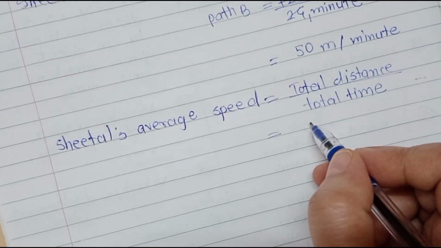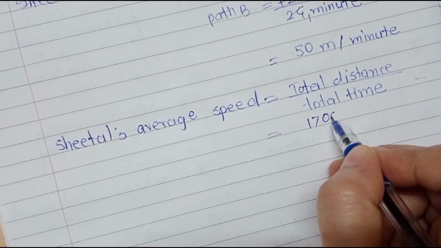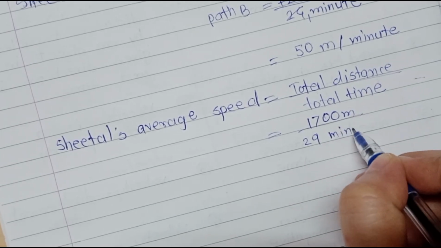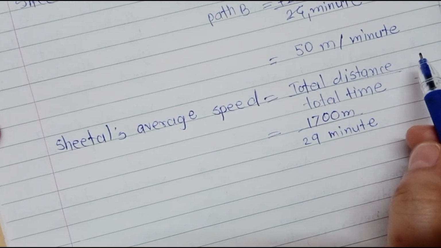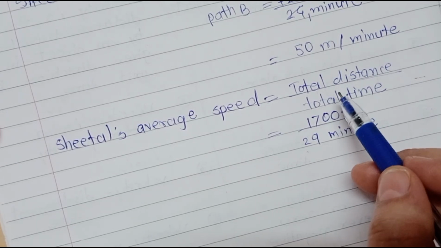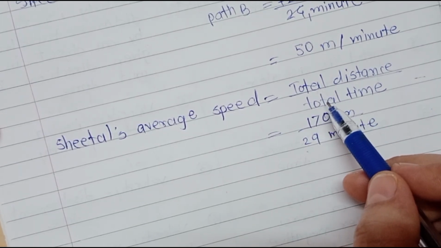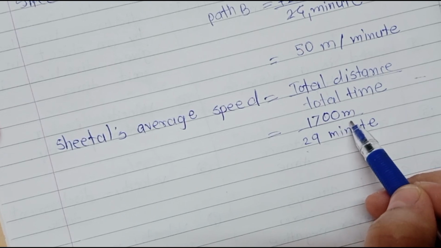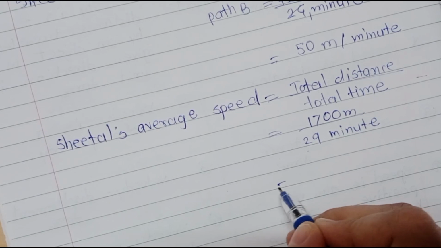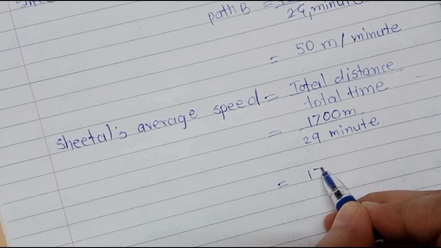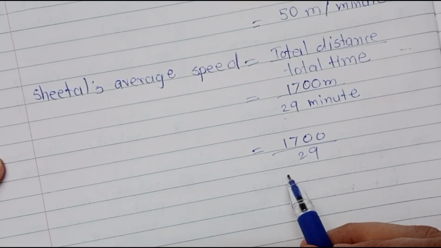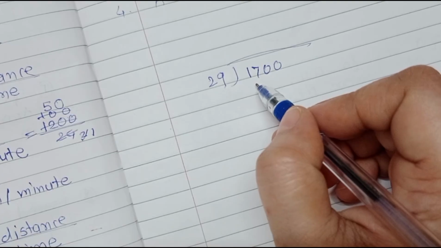Total distance is 1700 meter upon 29 minute. 24 plus 5 minutes equals 29 minutes, and 500 plus 1200 meter equals 1700 meter. We have to divide this. So 1700 upon 29. For easy calculation, you calculate this on rough page.